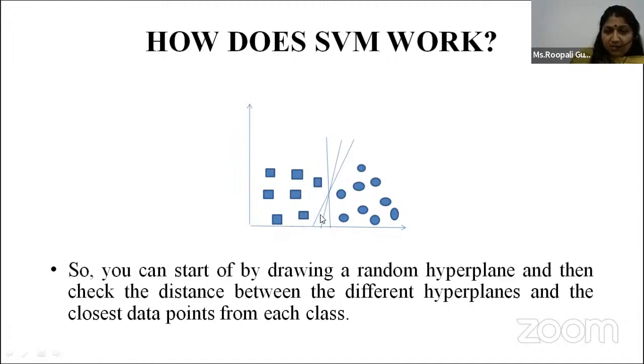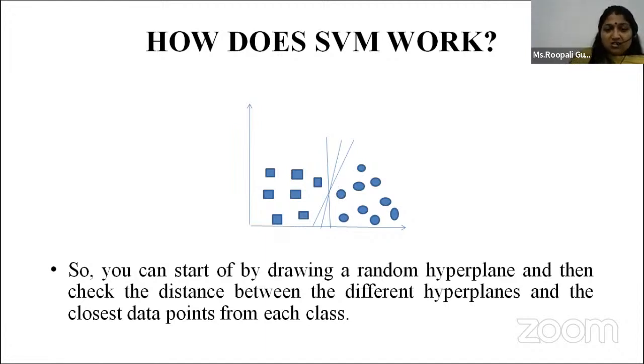If I make the support vector with respect to the last line, the third line, then the support vector will be going somewhere in this direction. And if I consider the first line, then the support vector will be going somewhere in this direction, right? So this is how we draw the different support vectors, right?